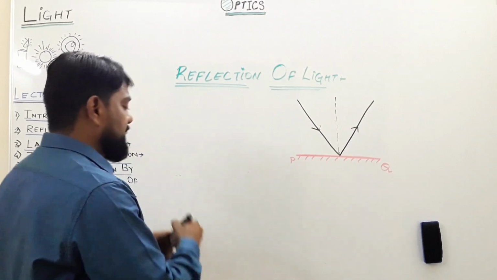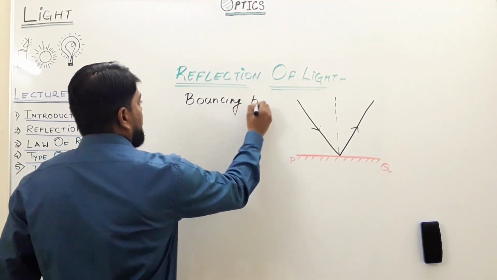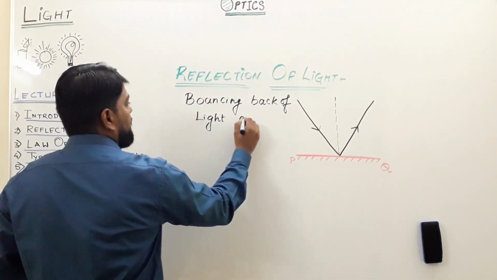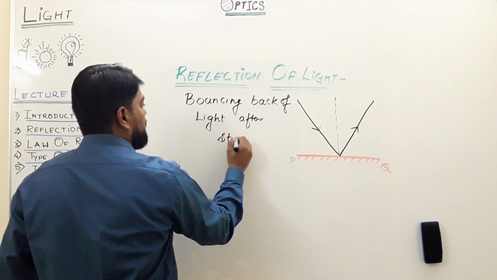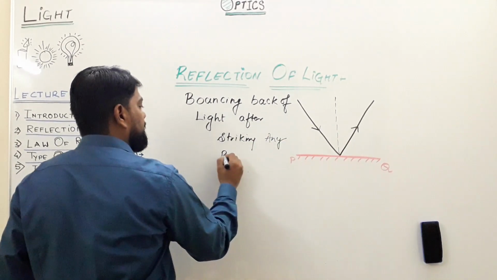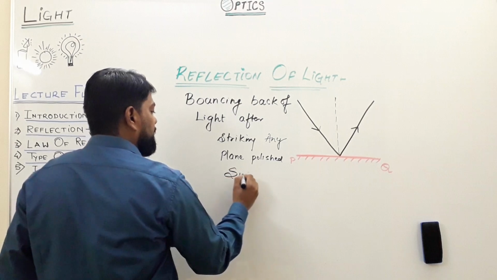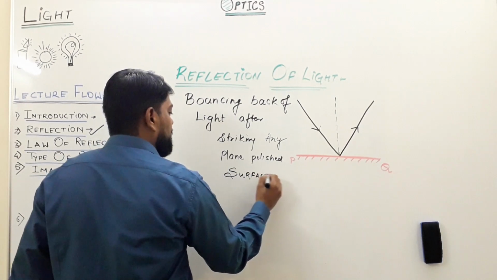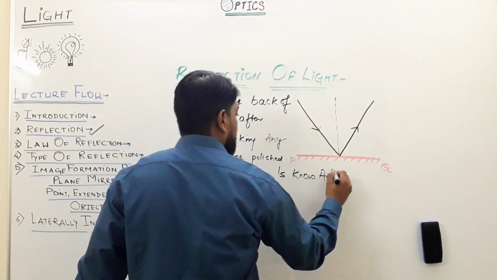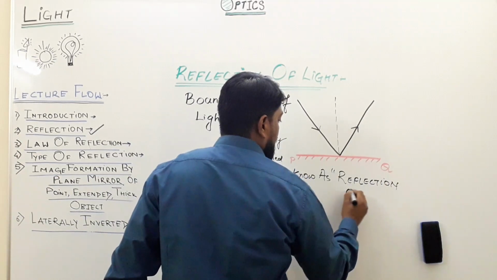So in simple words, what we can say is: bouncing back of light after striking any plane polished surface is known as reflection of light.